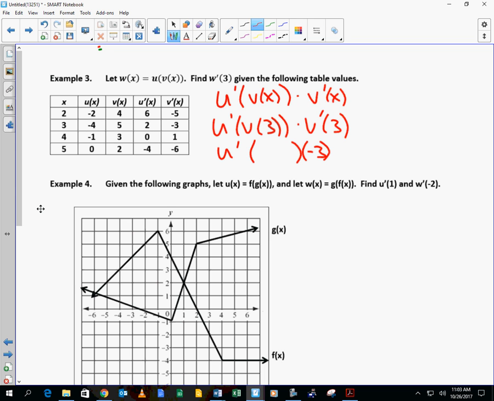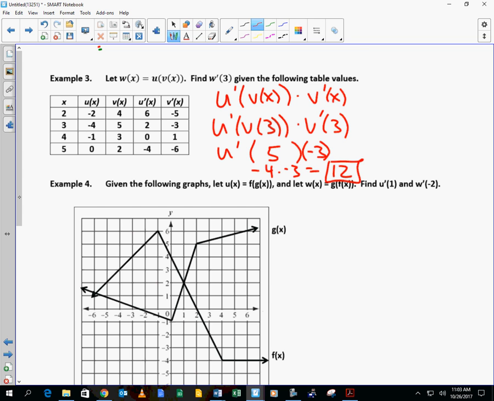V of 3 is 5. Now I want to find u prime of 5. Negative 4. So I have negative 4 times negative 3 is 12. Looks like a crazy problem, but really not that bad once you write down this first rule, right?